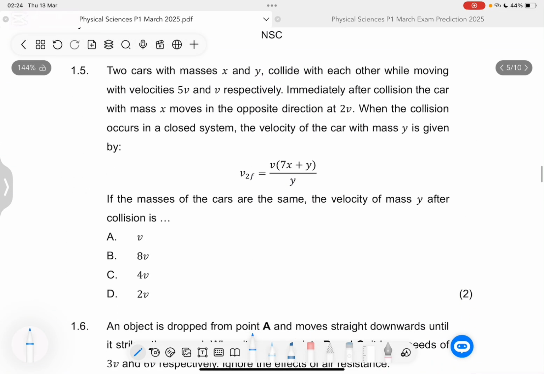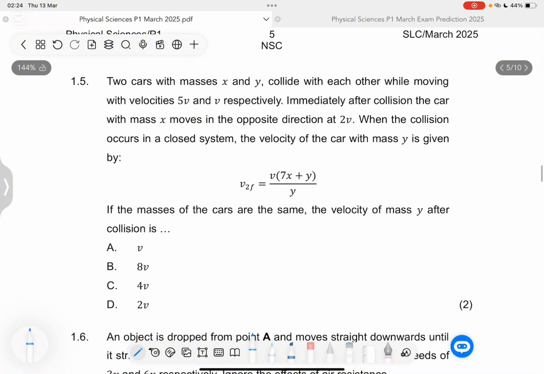I'll jump to question 1.5. Question 1.5 says that two cars with masses x and y collide with each other while moving with velocities 5v and v respectively.